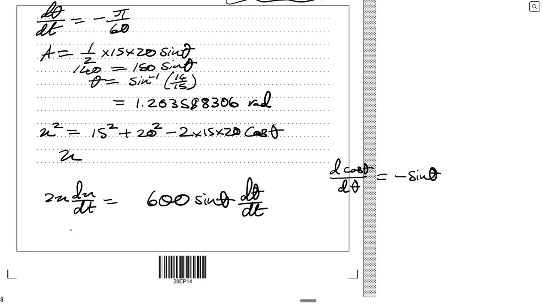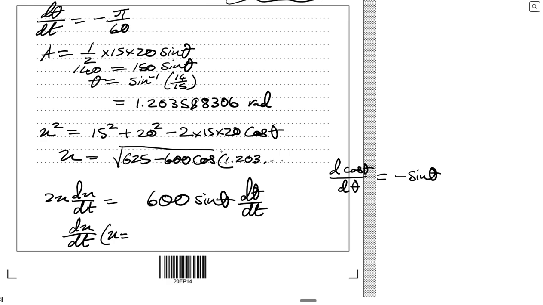And then we must find dx dt at x is equal to, that's what we're trying to find. So let's find that. X is equal to root 625, which we just found out. And then this is 600 minus 600 cos, plug in our angle, 1.203, right?